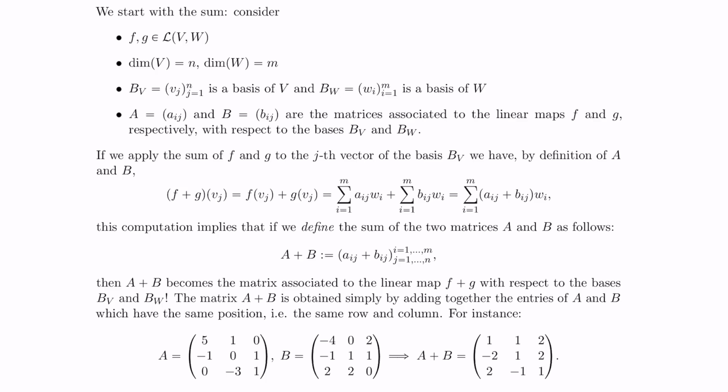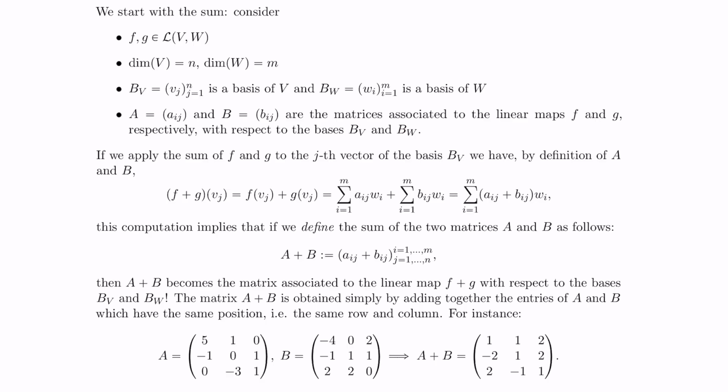B_V is a basis of V with vectors v_j, and B_W is a basis of W with vectors w_i. And finally, A and B are the matrices associated to f and g respectively with respect to the bases B_V and B_W. We indicate the matrices A and B with their entries a_ij and b_ij.